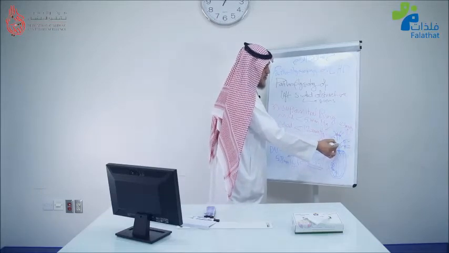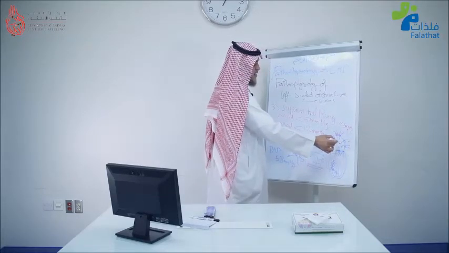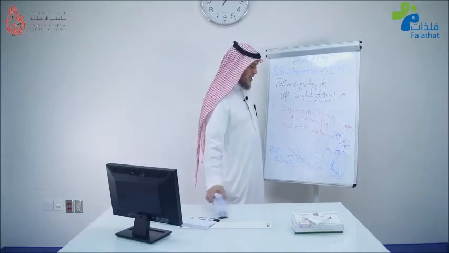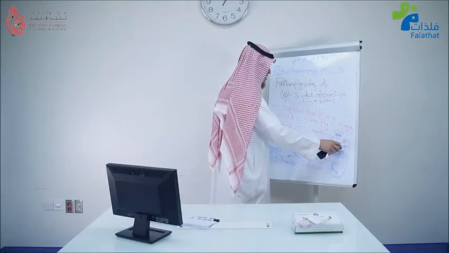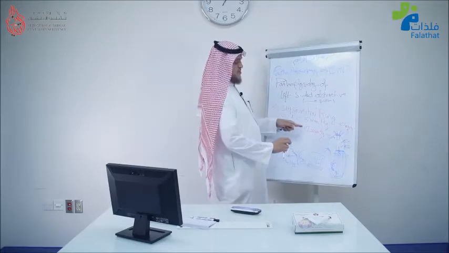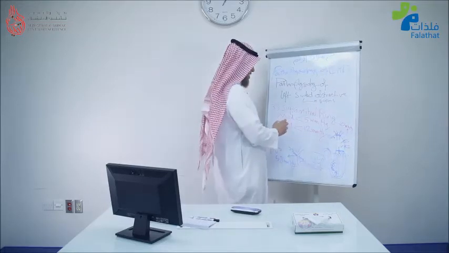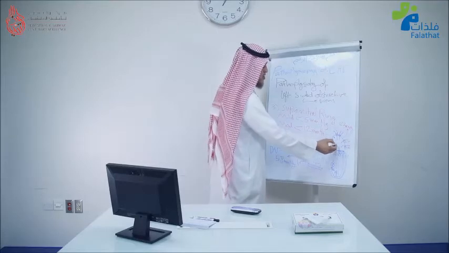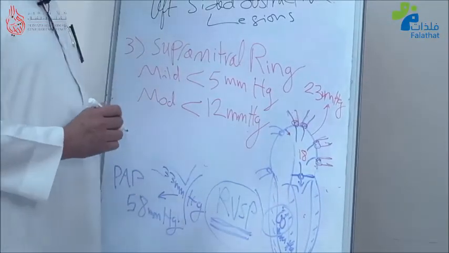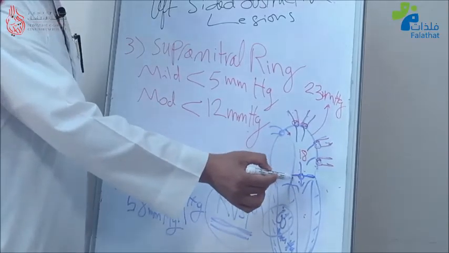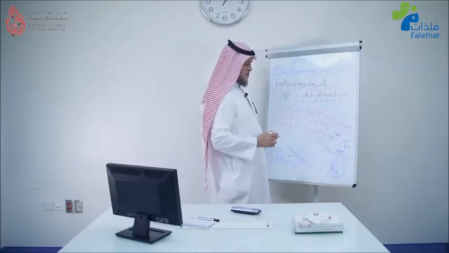The pressure here, which we said was before 8 millimeter mercury, if we said moderate is up to 12, let's say we add 10, then the pressure here will be around 18 because of this supramitral stenosis.